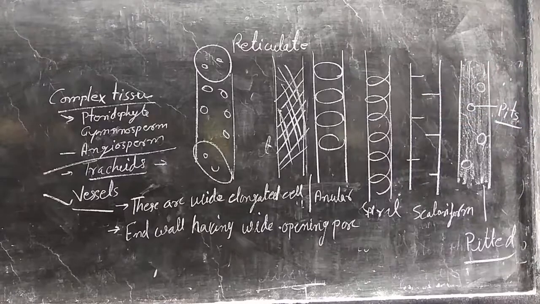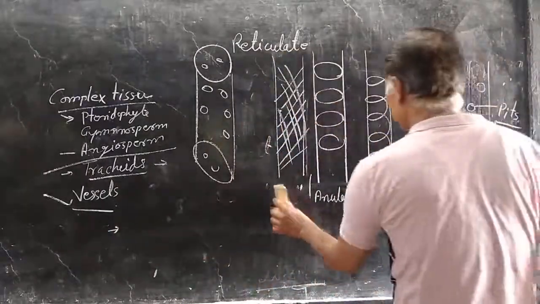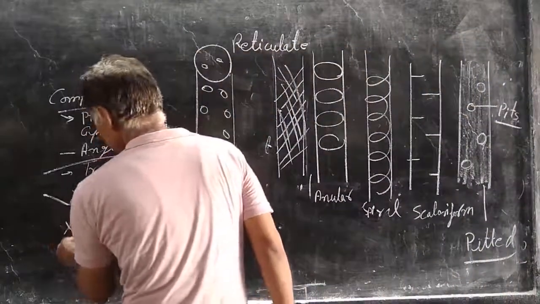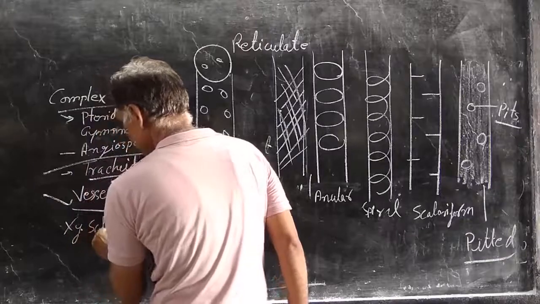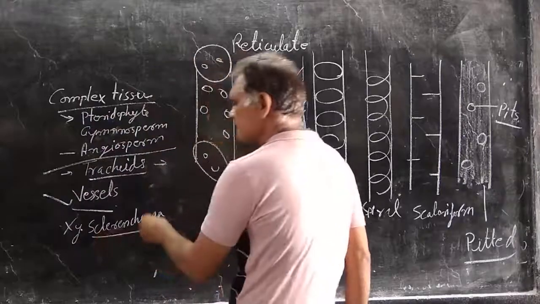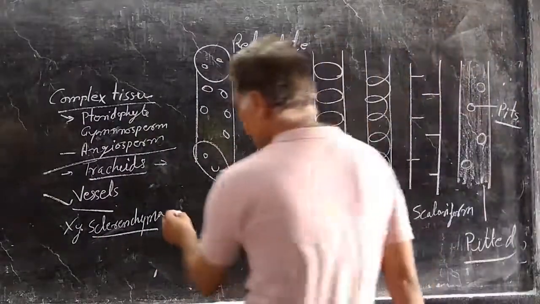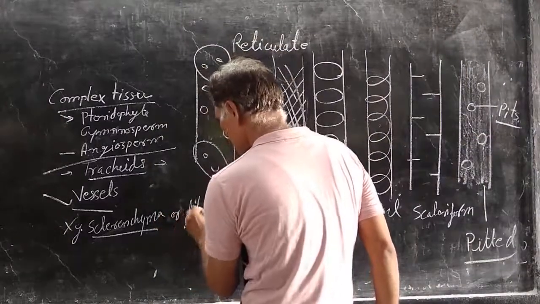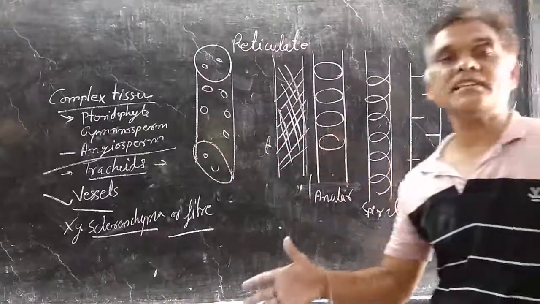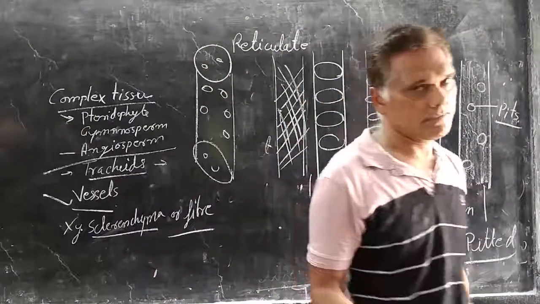And the third type of cells is xylem sclerenchyma, or we can say xylem fiber. We studied that sclerenchymatous fibers are elongated dead cells that help in protection.